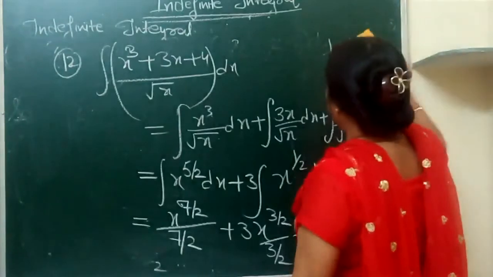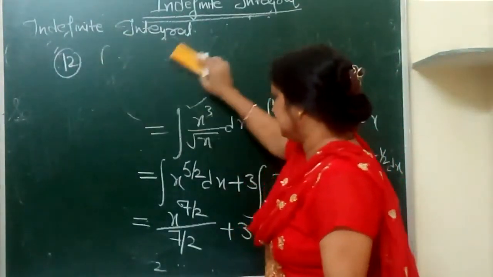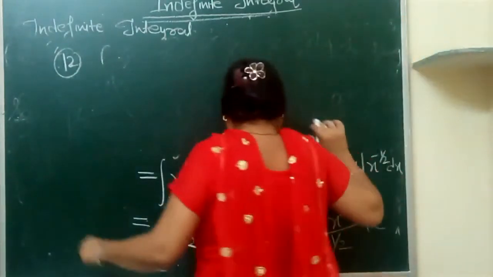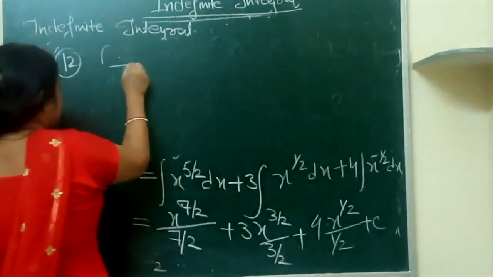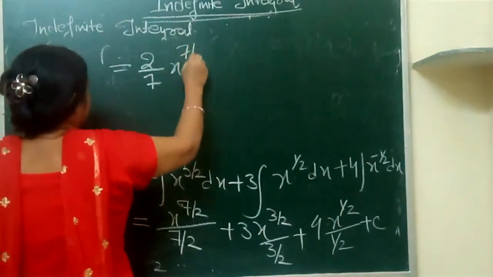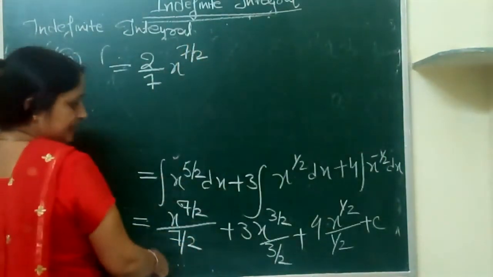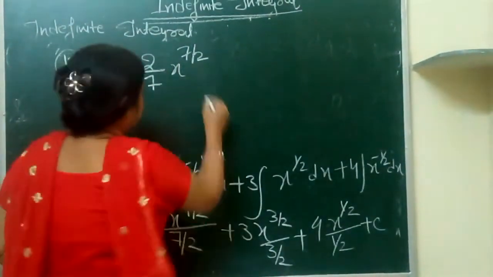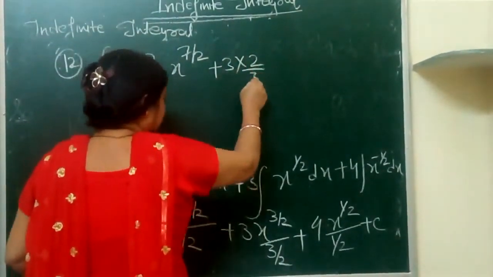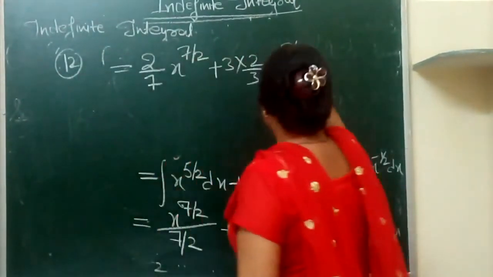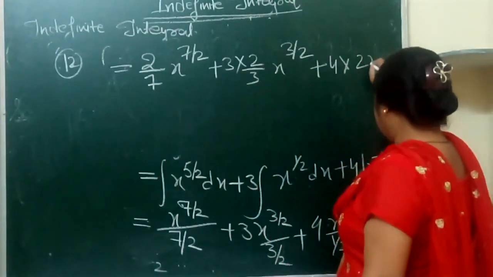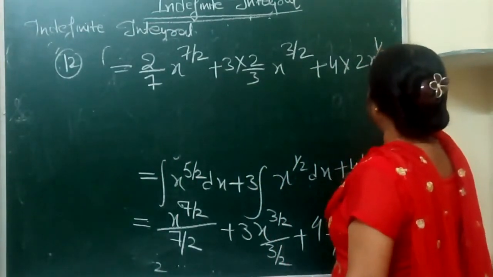So we can write this equation as 2 upon 7 into x raised to power 7 by 2, plus 3 into 2 upon 3 x raised to power 3 by 2, plus 4 into 2 x raised to power half plus c.